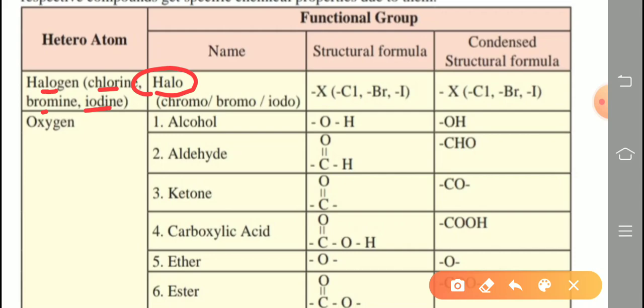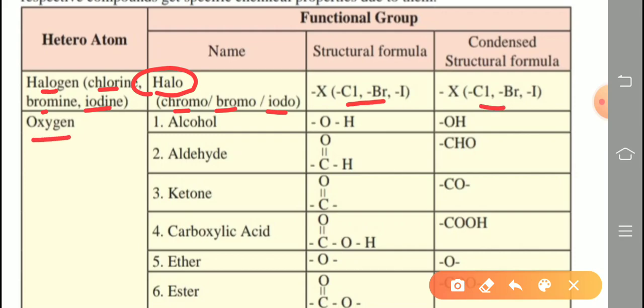At the time of naming the compounds we write chloro for chlorine, bromo if bromine is present, iodo if iodine is present. So a single line is attached in the hydrocarbon compounds, hydrogen replaced by these heteroatoms. So chlorine is attached to one carbon in case of methane, so chloromethane. Clear? Remember this. This is a structural formula, and then the condensed structural formula means combining all.